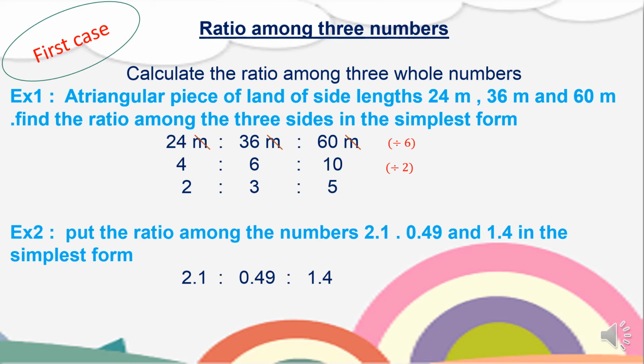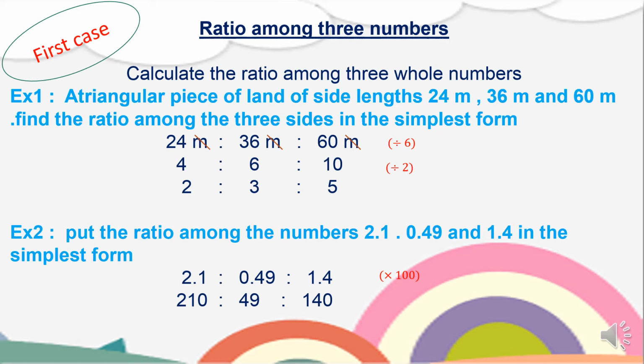The first number has 1 place after the decimal point, the second number has 2 places after the decimal point, and the third number has 1 place after the decimal point. So I multiply by 100. So 2.1 times 100 equals 210, 0.49 times 100 equals 49, and 1.4 times 100 equals 140.